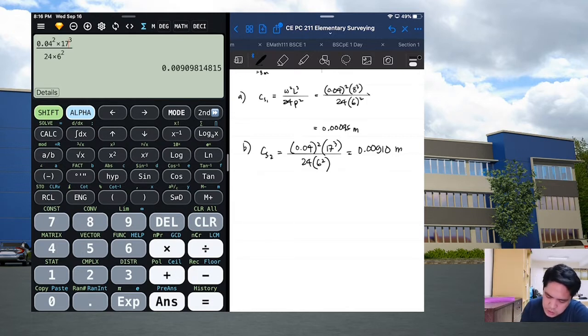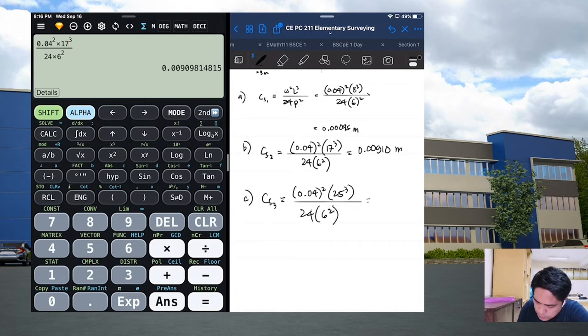That's in meter. And for letter C, CS3, that would be for the 25 meters na length for L3. So 0.04 squared times 25 cubed divided by 24 times 6 squared.